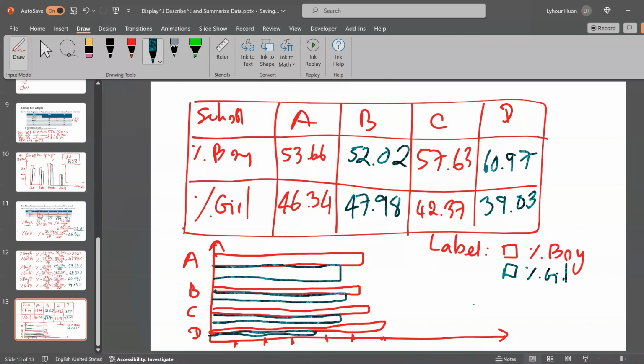So this is percentage. By reading this group diagram, how do you conclude the result?